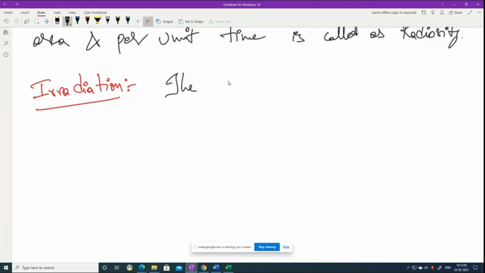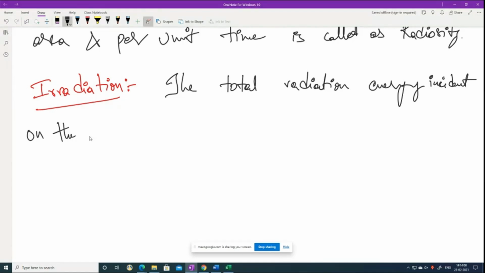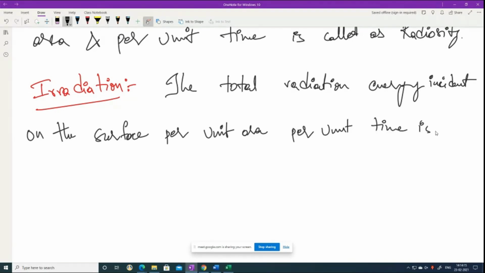Irradiation means the total radiation energy incident on the surface per unit area and per unit time is called irradiation.